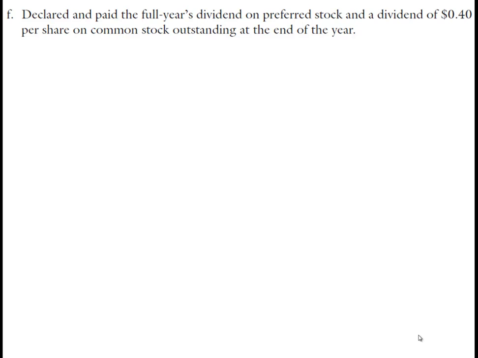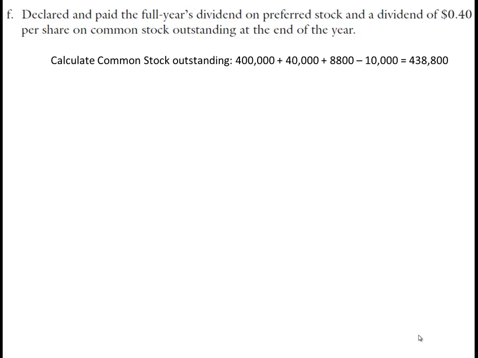In Part F, we declared and paid the full year's dividends on preferred stock and dividends of 40 cents per share on common stock outstanding. So now we're looking at cash dividends. First we have to do a few calculations. We're going to look at how many shares of outstanding common stock we have.